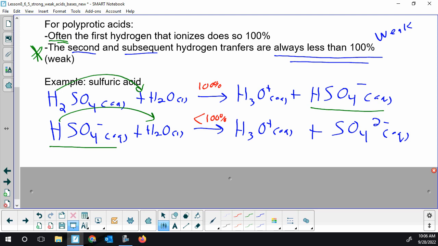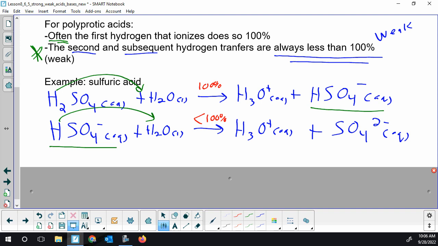It's so weak, it makes so little hydronium, it wouldn't even affect the sig figs in your first step hydronium, that 100%. There's no more H's left, so sulfuric acid is a diprotic acid. There's only two.